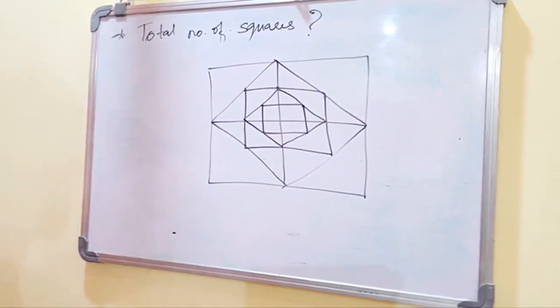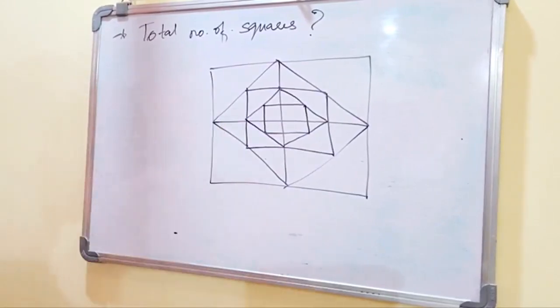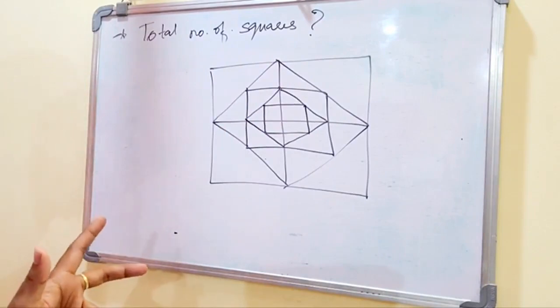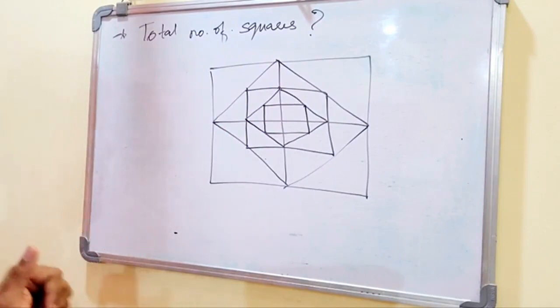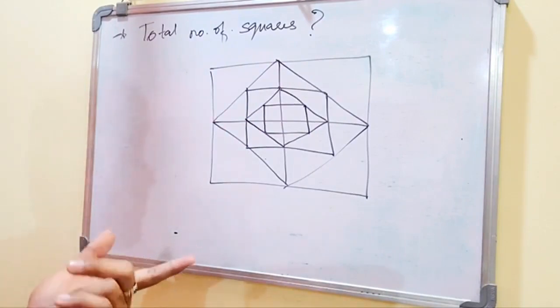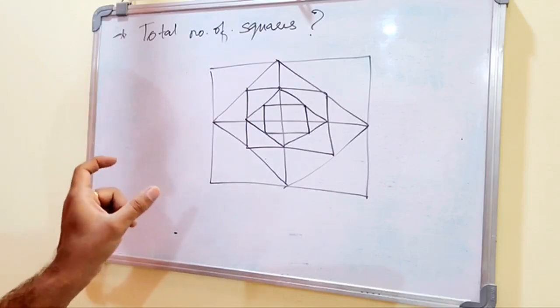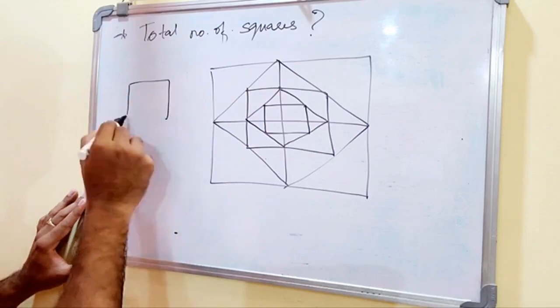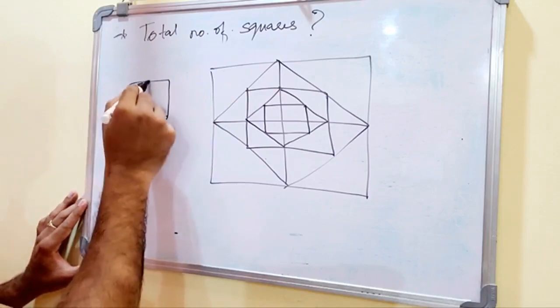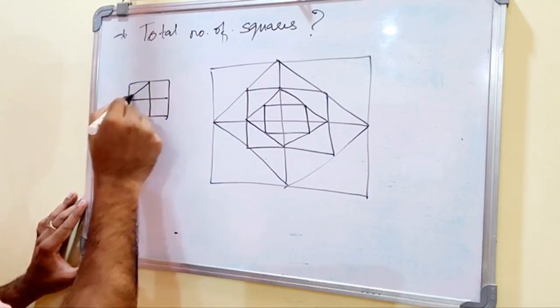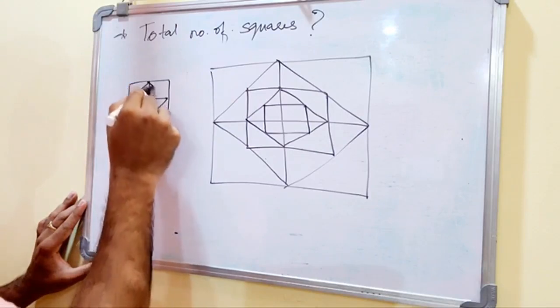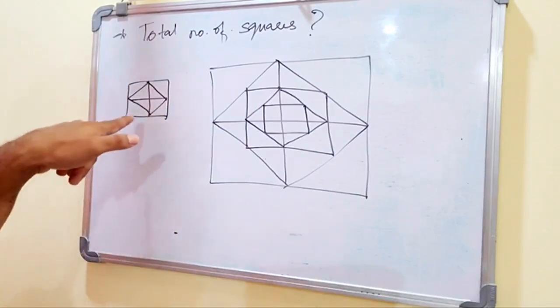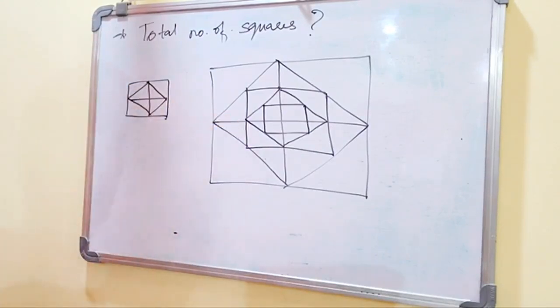So the question is to find the total number of squares in a given figure. The given figure seems to be a bit complicated, but if you decode it, you can find the answer very easily. The previous scenario which we had seen, so many such figures are embedded in this.